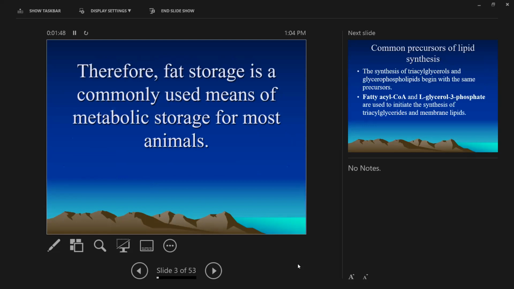So it is the most commonly used means of metabolic storage for most animals. Even insects store fat. When you dissect an insect, you see this white, greasy stuff, they're fat bodies. And those fat bodies turn out to be metabolically quite active. There's lots of interesting things those fat bodies do.